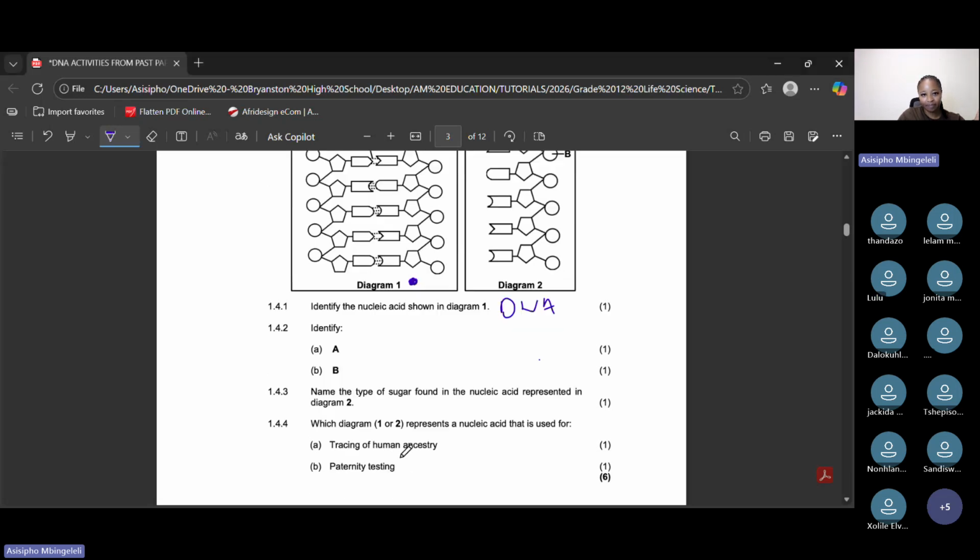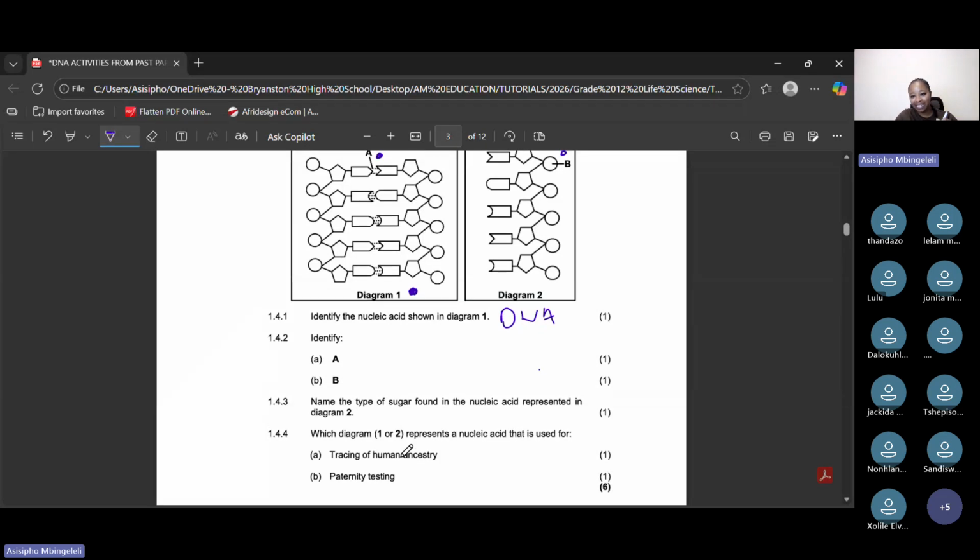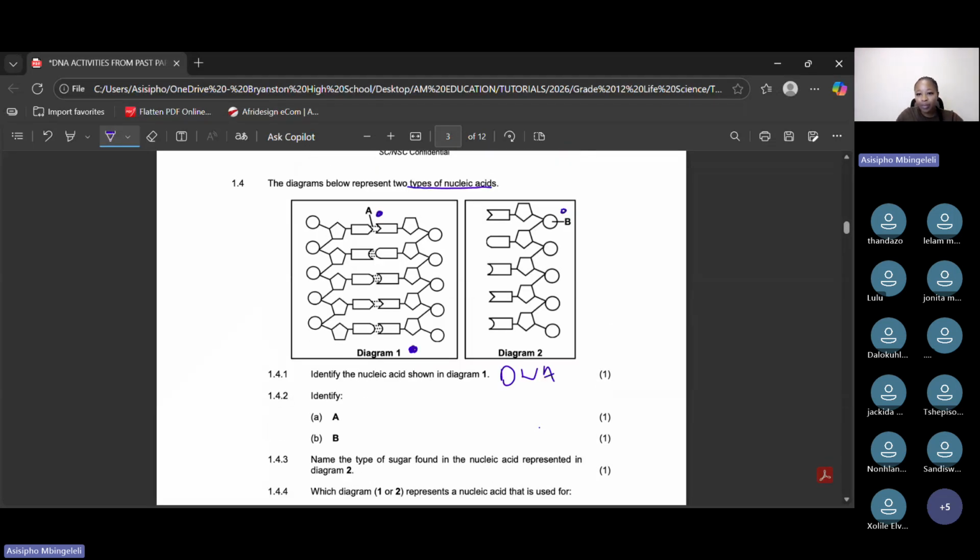Phosphate is enough. Okay, name the type of sugar found in the nucleic acid represented in diagram 2. The type of sugar, Gina, please. Okay, Nomtaniso, I'm listening.